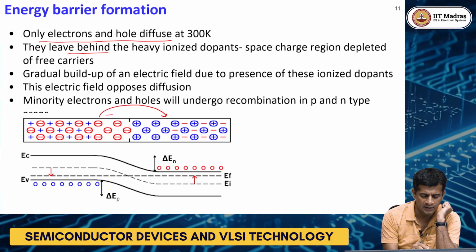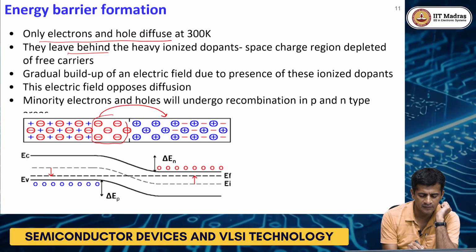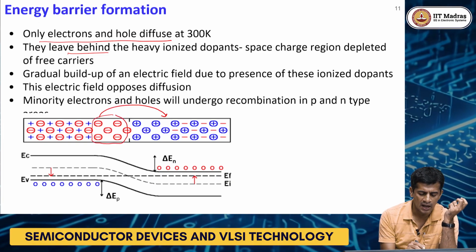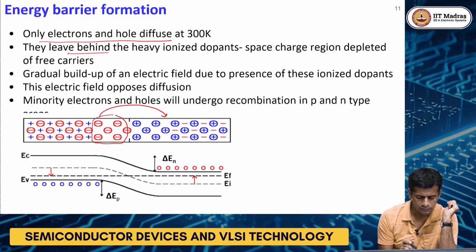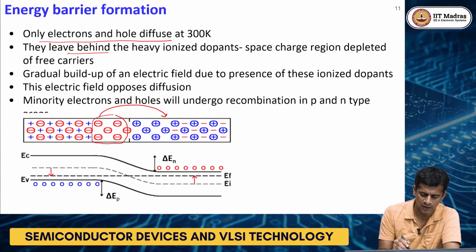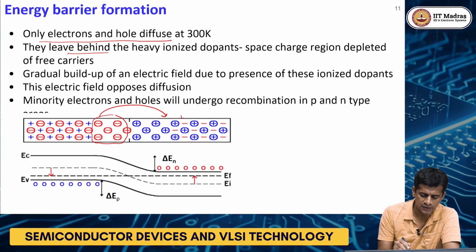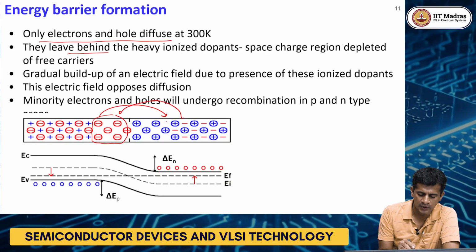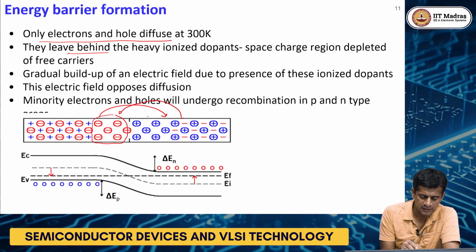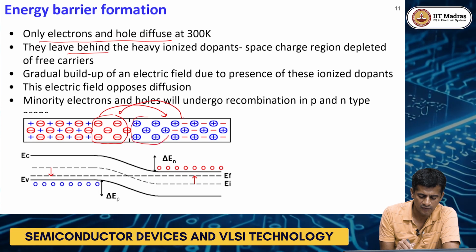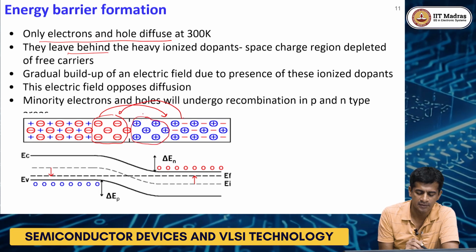They will leave behind a region void of holes, but full of negatively charged acceptor atoms. The same thing happens for electrons. Once the electrons start diffusing from this side to this side, this side, which was earlier electrically neutral, will now have a region of positively charged ionized atoms.